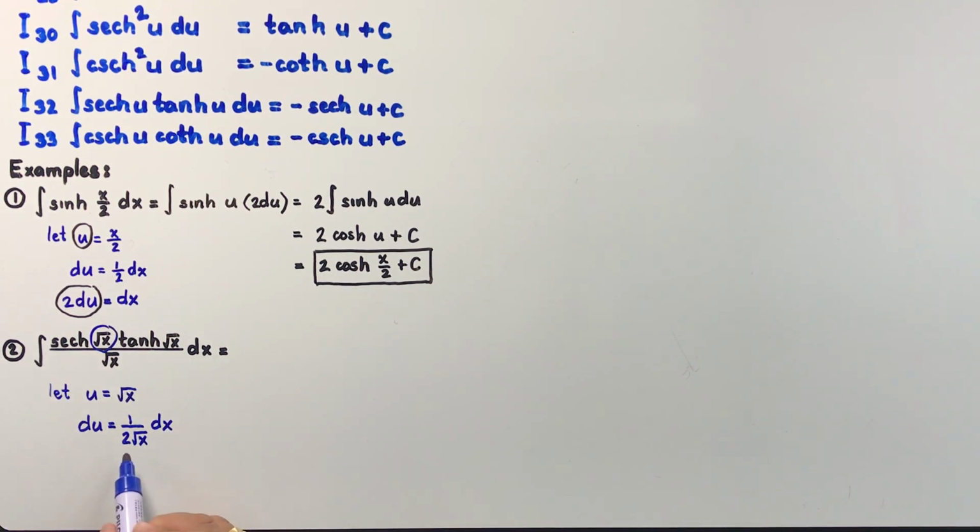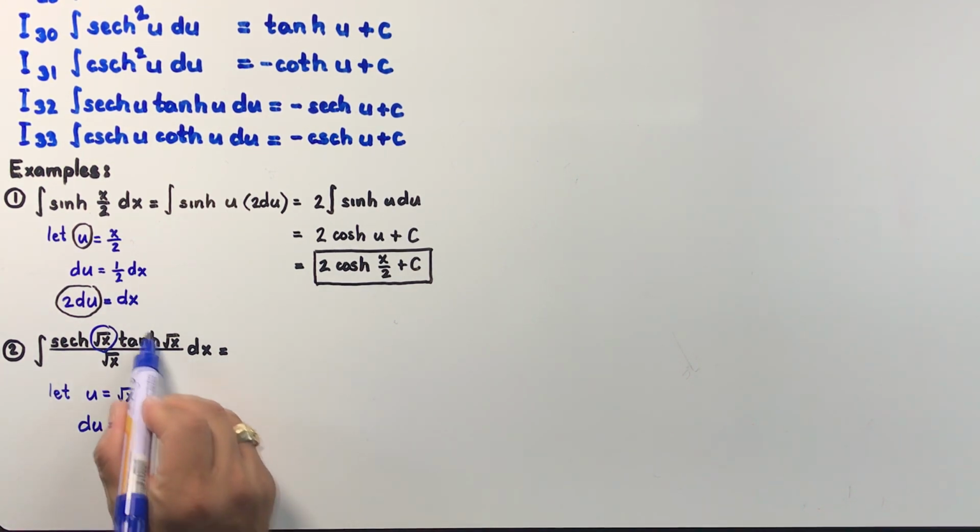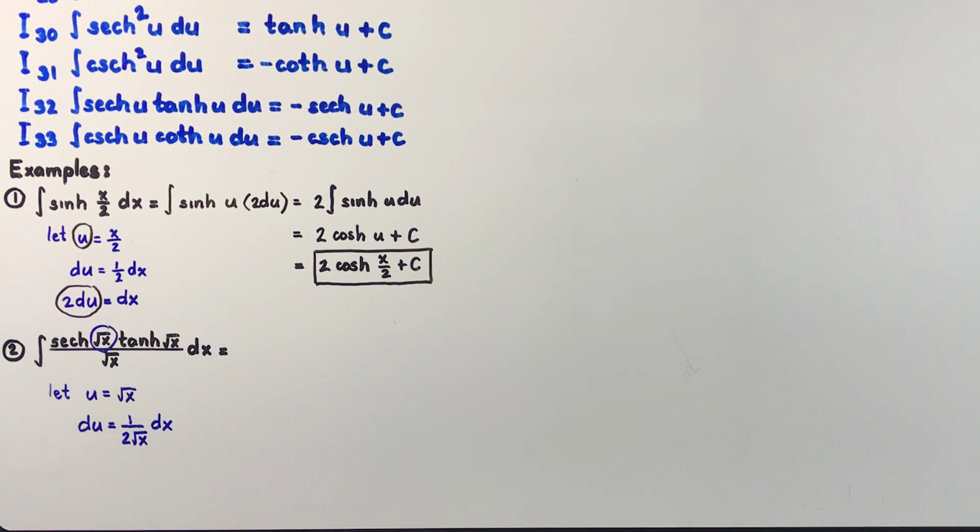And because we don't have a 2 in our integrand here, we need to eliminate this 2 by multiplying both sides of the equation by 2. So this is 2 du, which is equal to dx over the square root of x.